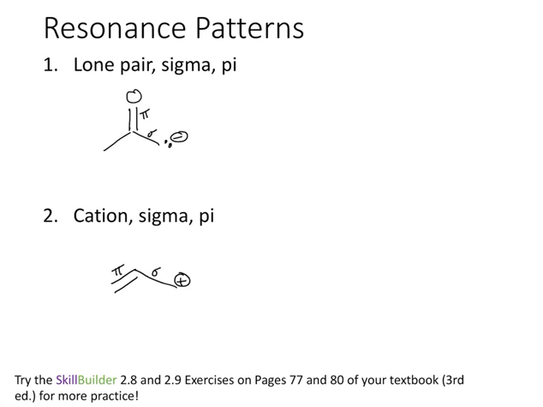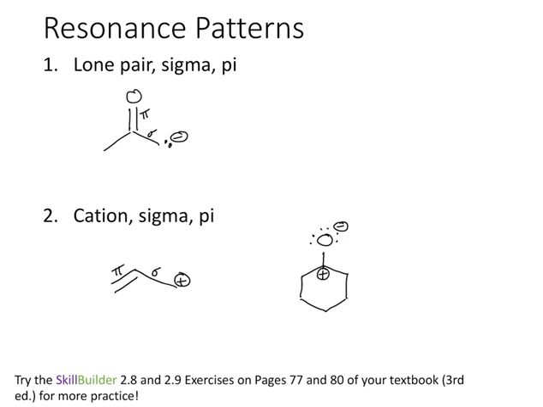So let's actually look at another example of that too. Let's say you have a six-membered ring, and remember each of those vertices represents carbons. And let's say we have a bond to oxygen on the top. And let's say the carbon below it is positively charged.